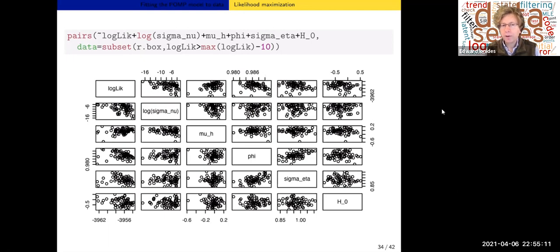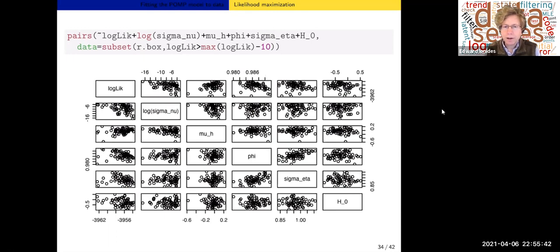That's log sigma nu getting arbitrarily close towards -infinity without any penalty to the likelihood. We also see on this some reasonable estimate of mu h, that is the long run average log volatility.